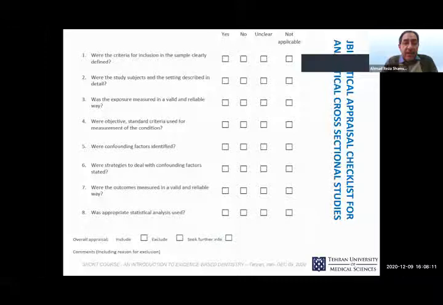In some cases, there is overlap between confounders and biases, mainly selection bias. So in the case of confounding, the authors or investigators should consider all variables that affect the relationship between the risk factor and disease. The causal network should be complete.